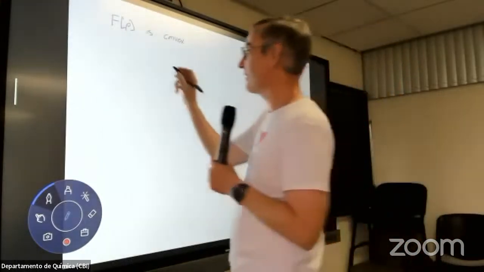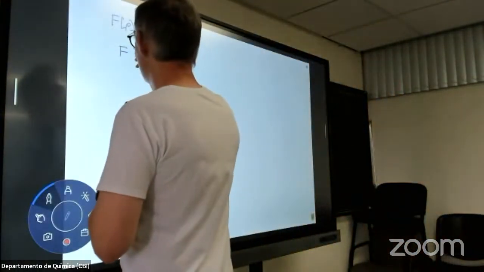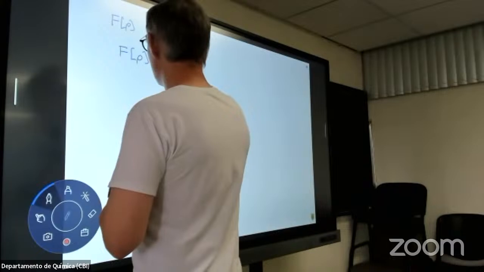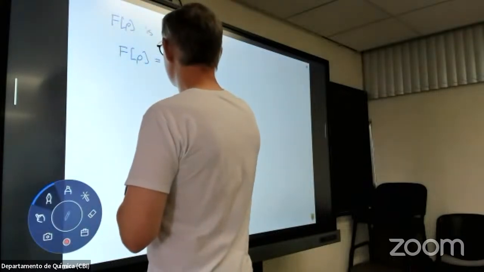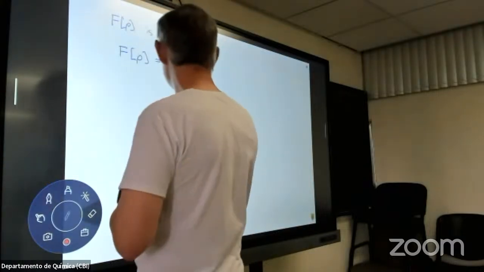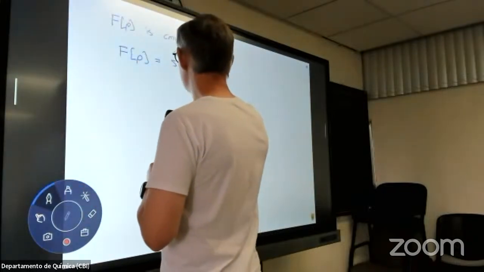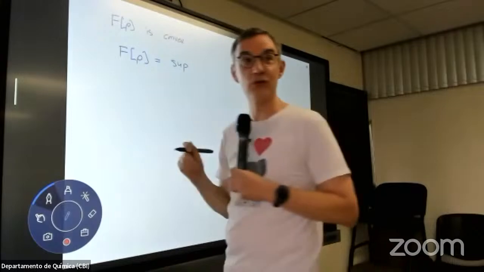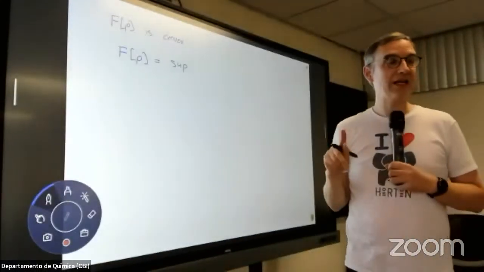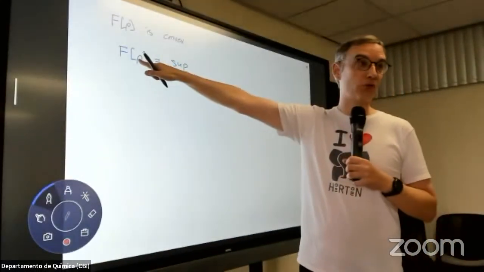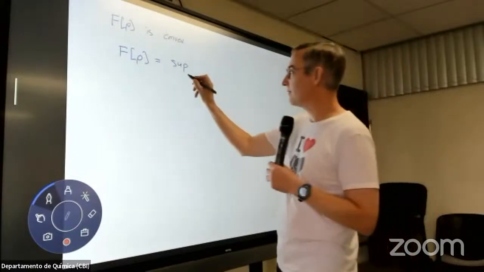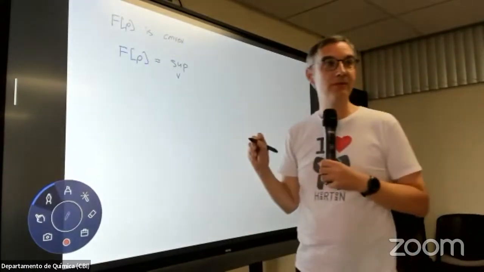The generic trick is that f of rho is equal to, and this is true for any sort of functional, you take the variable that goes with rho, which in this case is v. You're going to take a maximum.